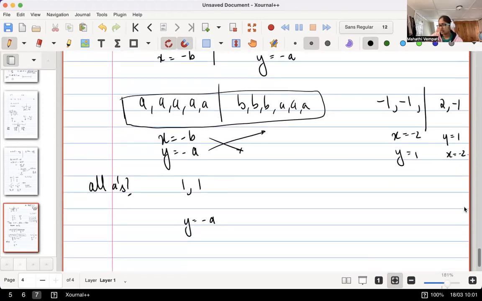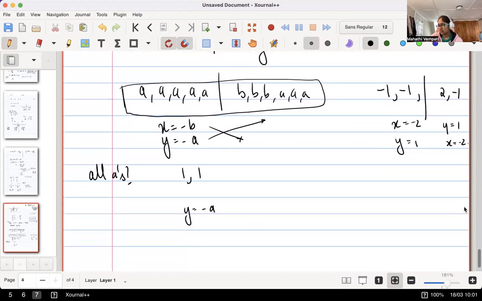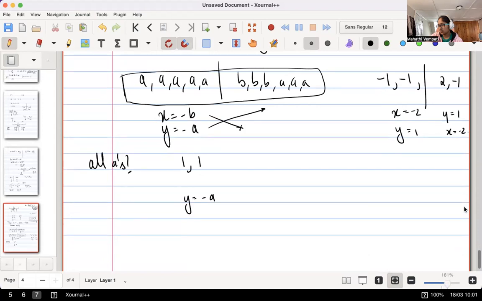Okay. So first of all, you need the product to be minus A. If you have all positive numbers, that's not going to work out because their product should be minus A. So you need all negative numbers.